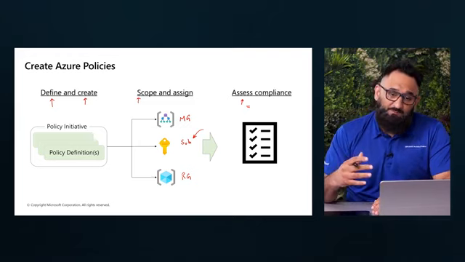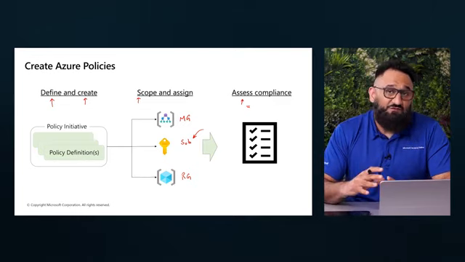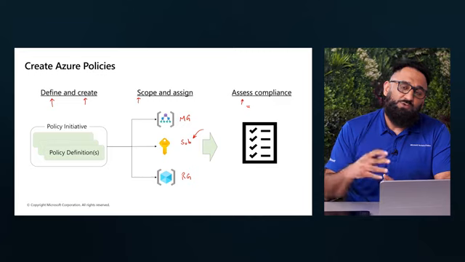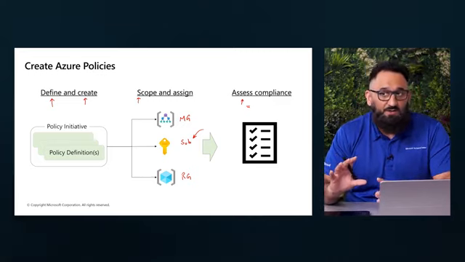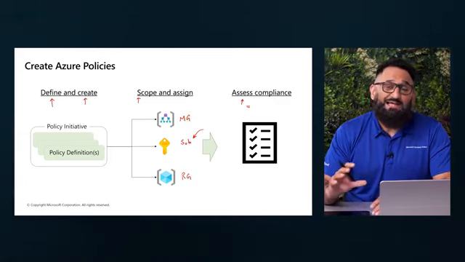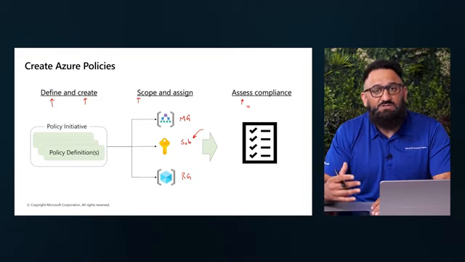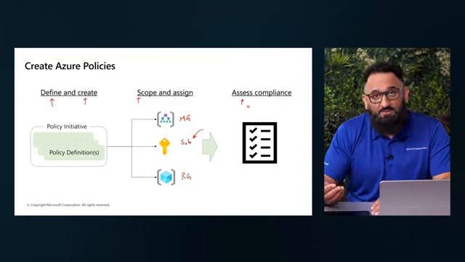Now, after the policy comes into effect, which typically takes 5 to 15 minutes, no one would be able to create a new resource outside of the scope of the definition of the policy. However, any existing resources might report back into the compliance report as compliant or non-compliant.